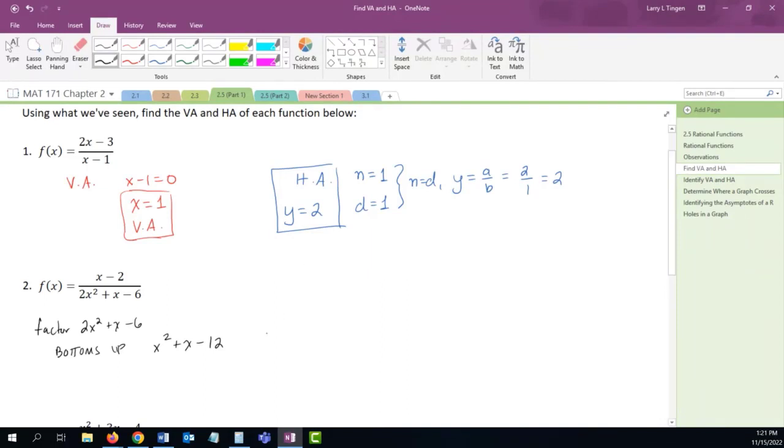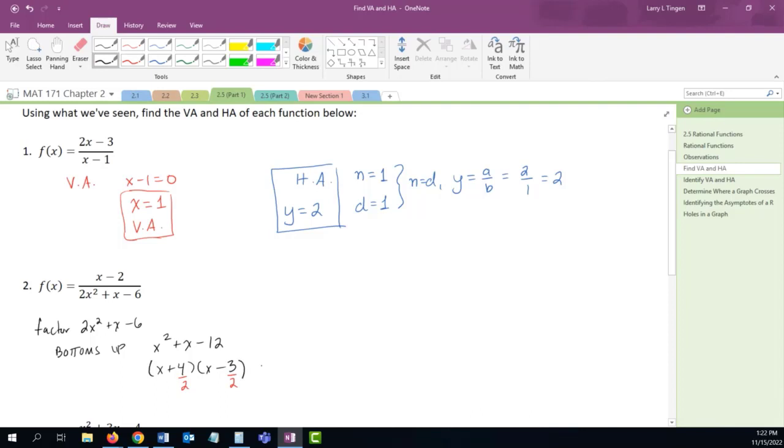Do those exist? Absolutely. They're 1 unit apart. What are they? They're x plus 4 and x minus 3. And then remember we did bottoms up. So I come back with my a. That goes in the denominators.